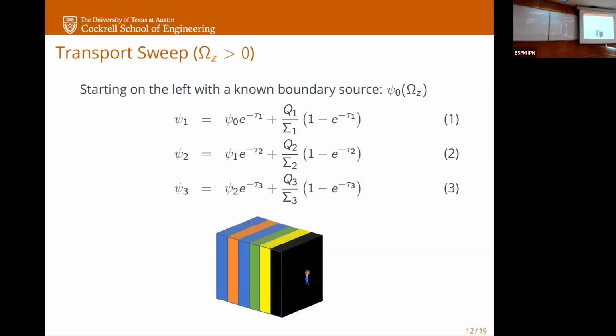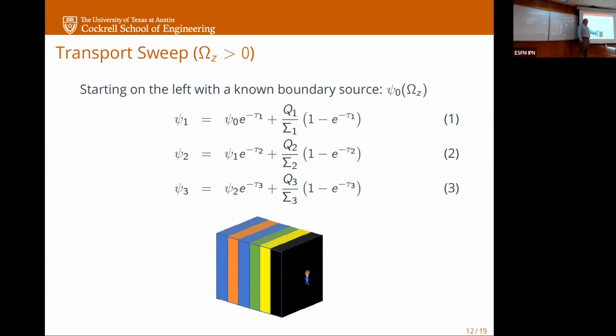And so in cell 1, the blue one, we had our initial angular flux, the source that was over there on the left, and it's going to exponentially decrease as it gets to the middle. And if there's a volumetric source Q in that cell, it'll volumetrically increase until it gets to that interface between blue and orange, which we're calling location 1.